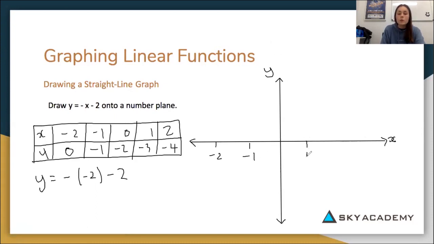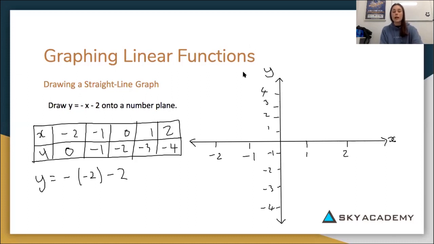And then we have our y. Our y is pretty much all negative values. So we're going to have -1, -2, -3, -4, and then 1, 2, 3, and 4. So now we've got our scale and our number plane ready.